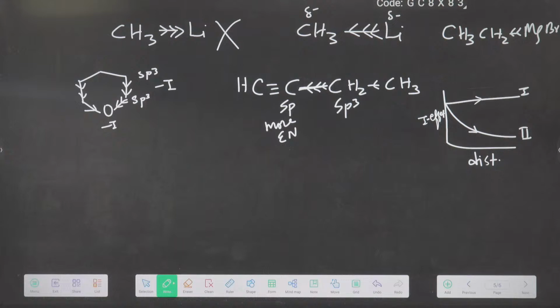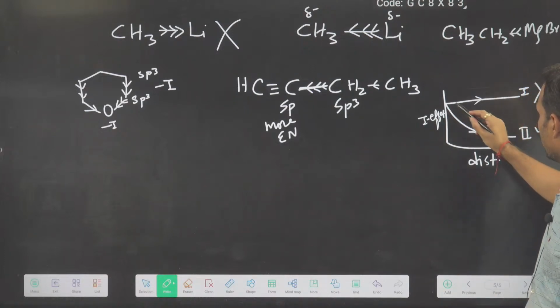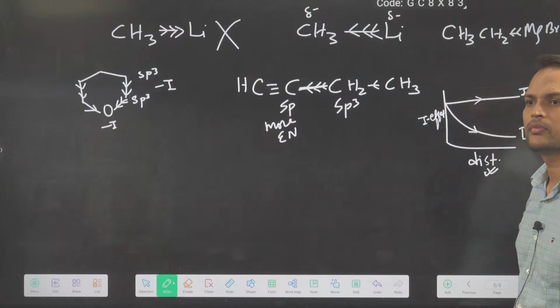Can you tell? What you will say? 2 is correct. First is wrong, na? You can say like this, na? Because in 2 what is happening? Inductive effect is decreasing with distance. Correct?